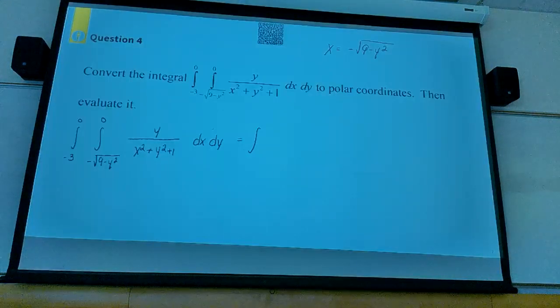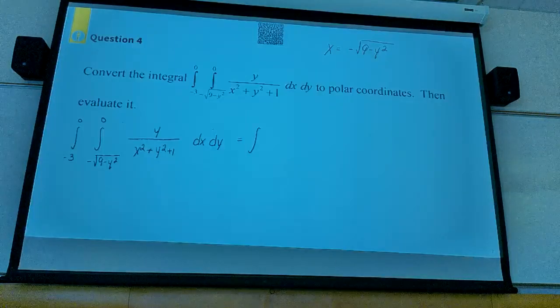Now use the Y. Y is negative. So that's a quarter circle, right? What quarter circle? You already said it. Bottom, it's right. Oh, sorry, bottom left.